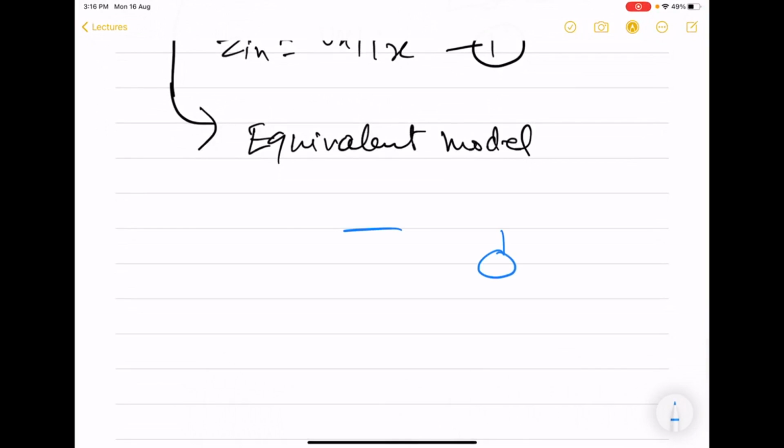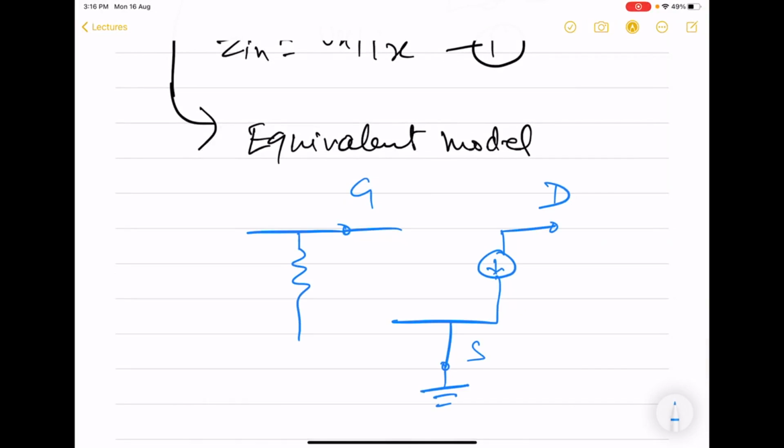So this is the model of the MOS. So here we have gate, here we have drain, and here we have source, and source is grounded. And there is a resistor from gate to ground.